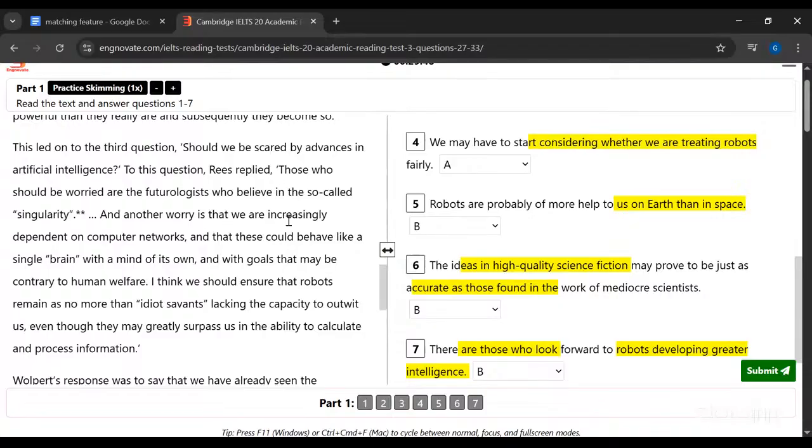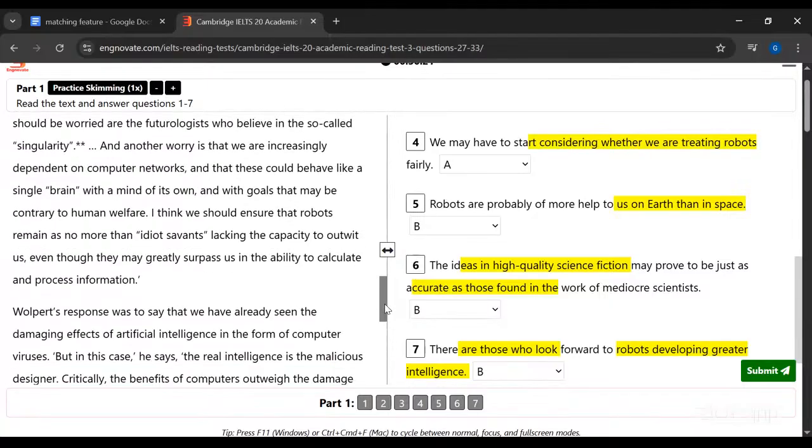And the way is that we are increasingly dependent on computer networks, and that these could behave like a single brain with a mind of its own, and we suppose that may be considered a threat to human welfare. I think the other line... To move forward, yeah.